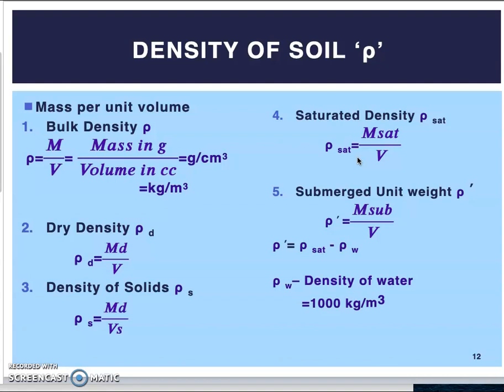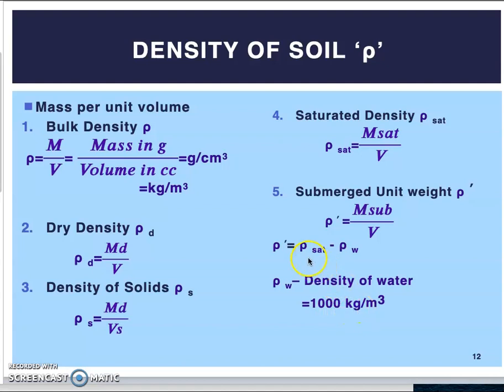It is as good as the soil mass being sunk inside the water. Now this is a very dangerous situation. In such a case the weight of the soil is going to decrease, right? And it is going to be reflected in its density as well. So submerged density rho dash will be given as rho sat minus rho w. Now what is rho sat? It is the saturated density, and rho w is the density of water, 1000 kg per meter cube.